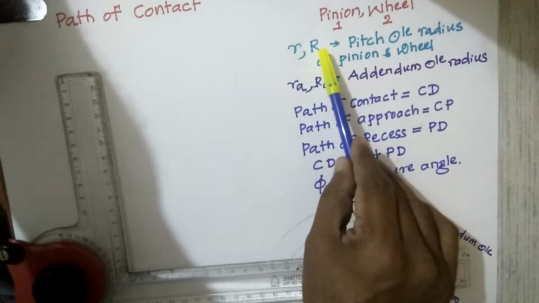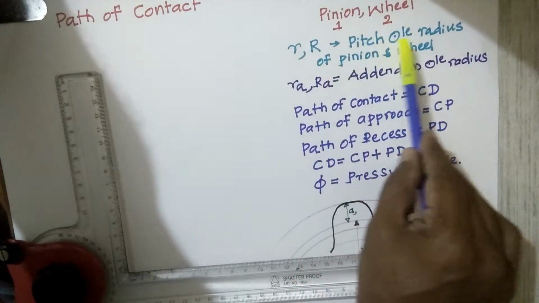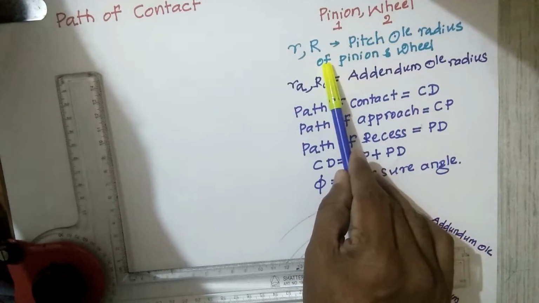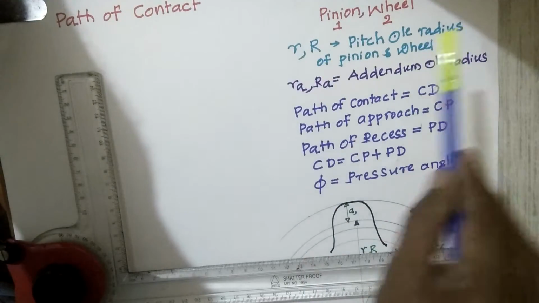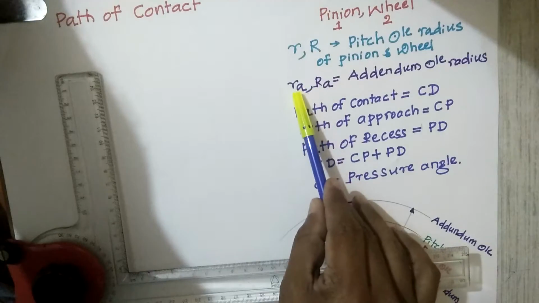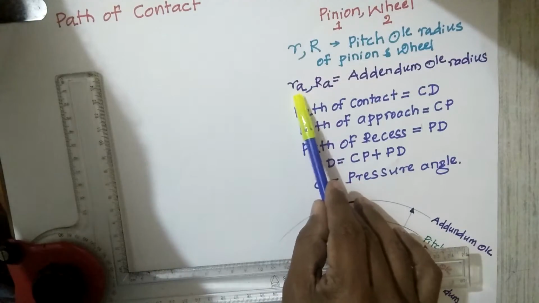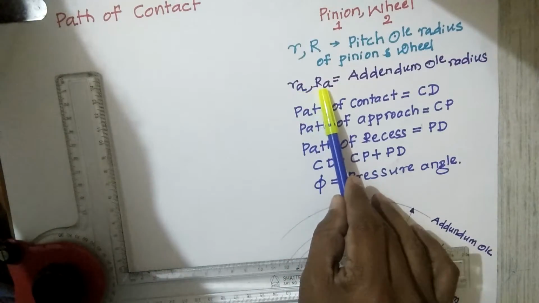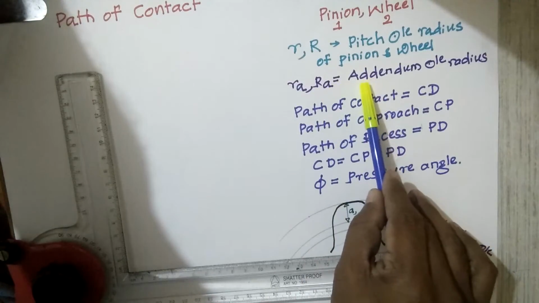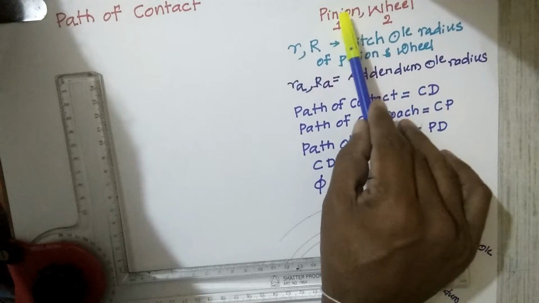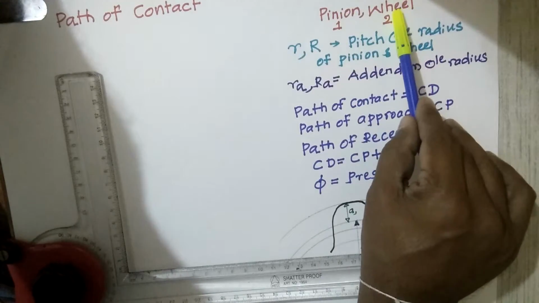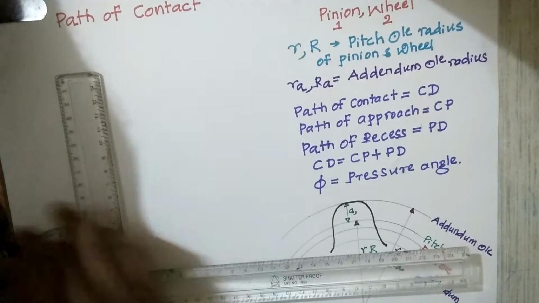Small r and capital R are the pitch circle radius of the pinion and wheel. The wheel is also called the gear. Small ra and capital Ra are the addendum circle radius of the pinion and wheel respectively.